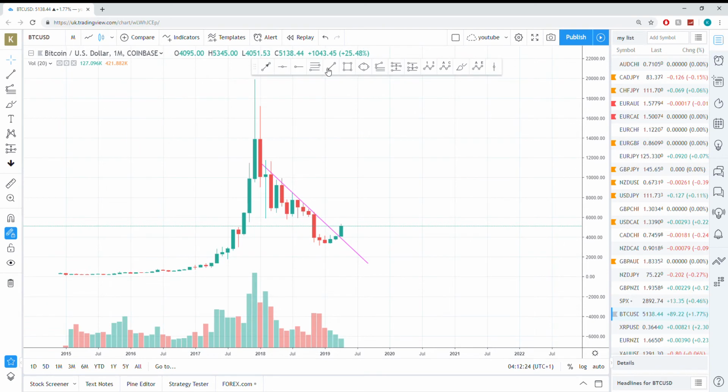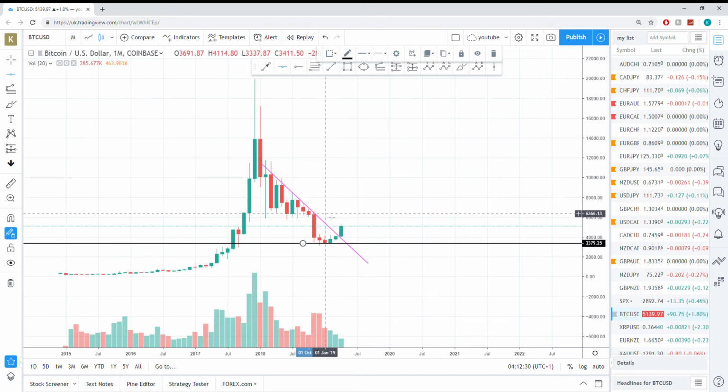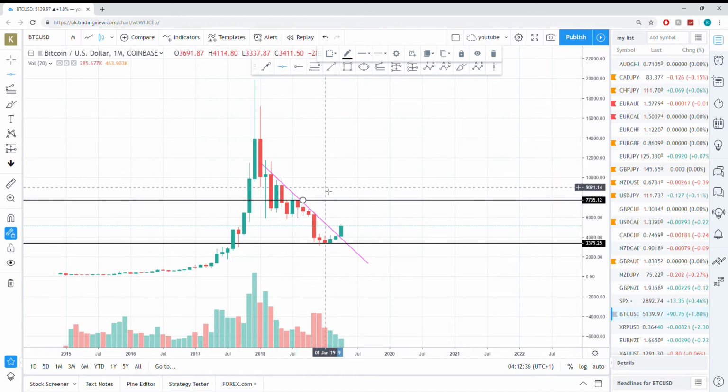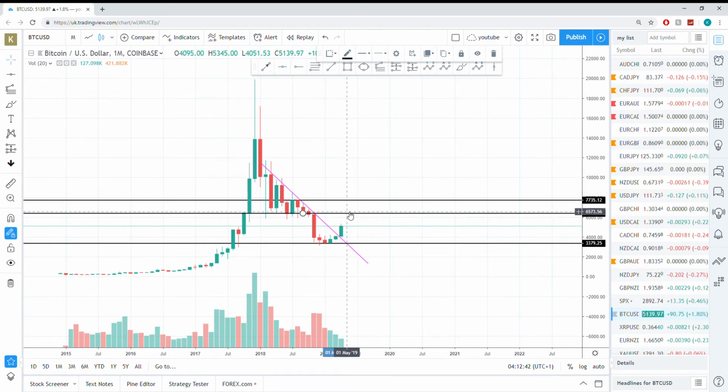So now I'm just gonna draw my zones. Something like this. I'm not really deviating away from the price action here.